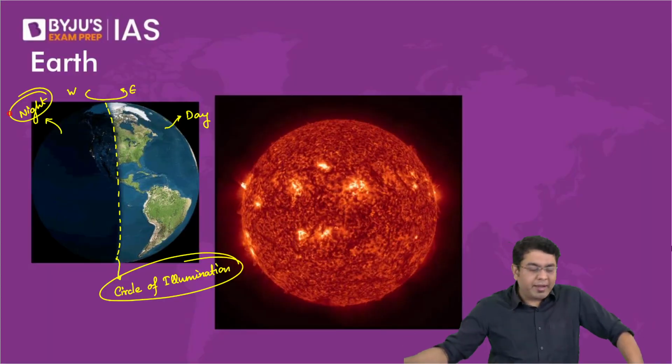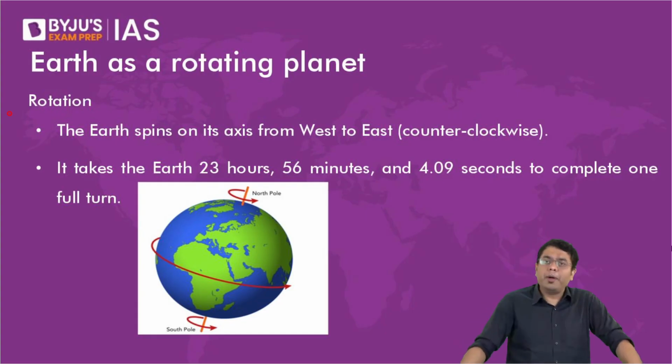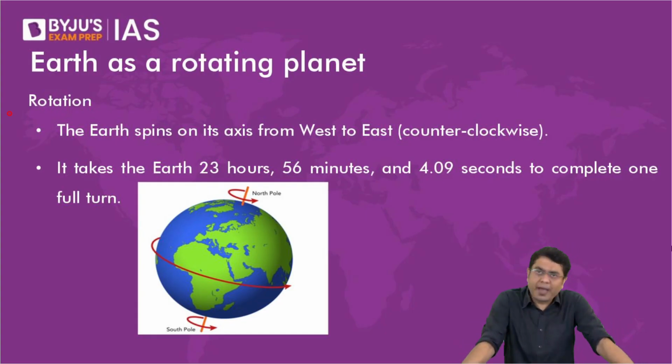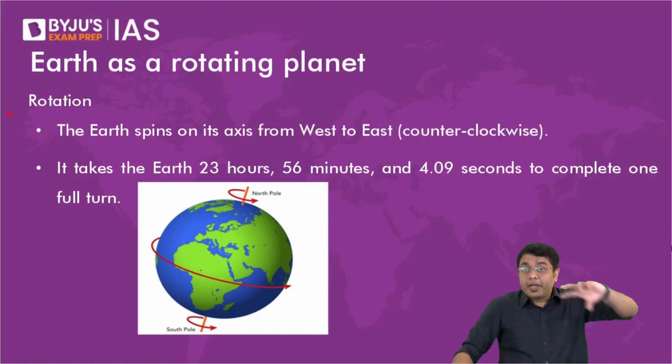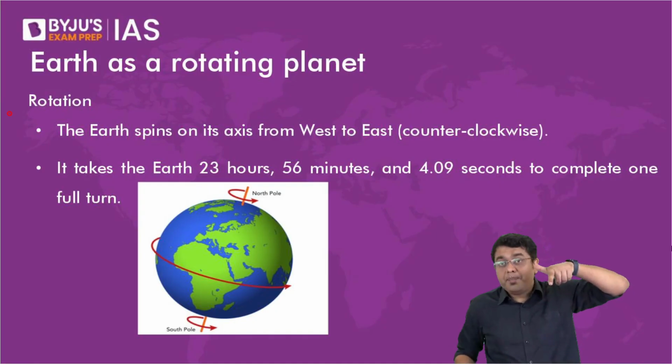But then, when we talk about the rotation here, you have to understand that the planet in itself is rotating, but then different places, they will experience different speeds of rotation. I hope we have seen a globe earlier or any spherical object we have rotated earlier.